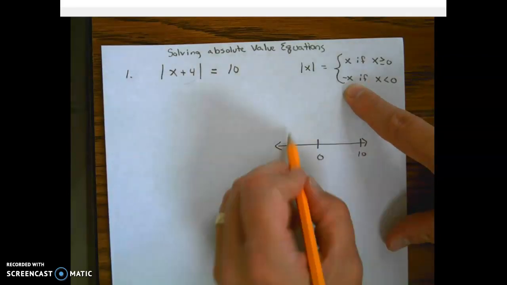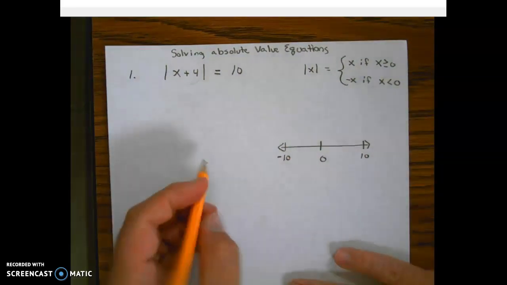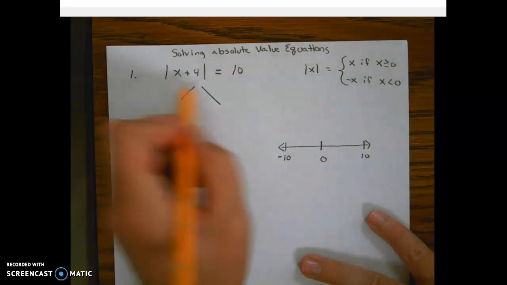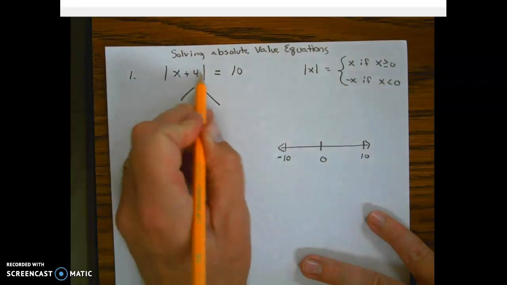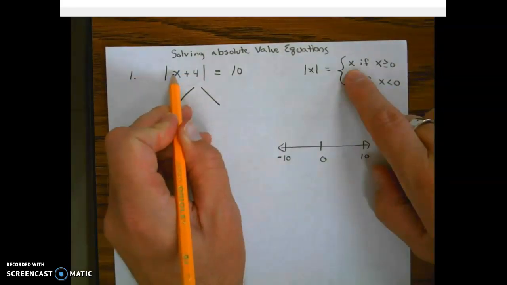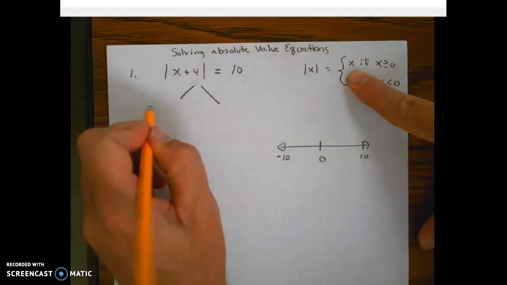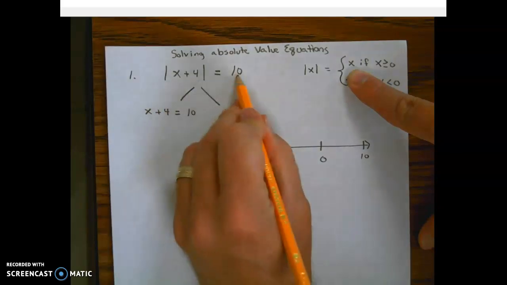And so when we set up these absolute value equations, we're going to write two equations. Okay, one equation is going to be where this expression is the positive number. So we're going to have x plus 4 equals positive 10.